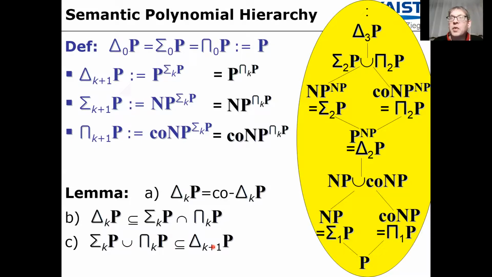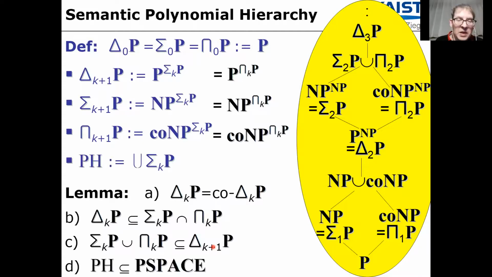Like in computability theory, we had sigma 2 as the complexity class for which the totality problem is computably complete. And this entire hierarchy with its countably many levels, and actually one can extend it to uncountable ordinals, is all contained in PSPACE.